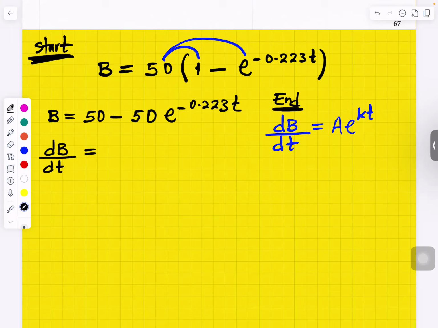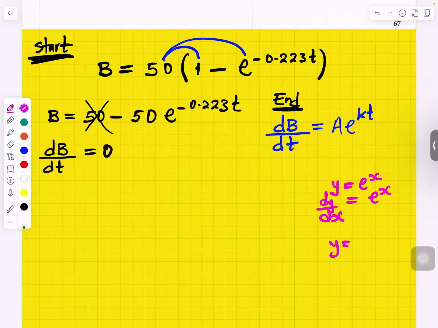When you differentiate 50, 50 is just a number. So when you differentiate 50, you get 0. There's no t in it. Now, differentiating e to the x is funny. If y is equal to e to the x, when you differentiate e to the x, it stays e to the x.